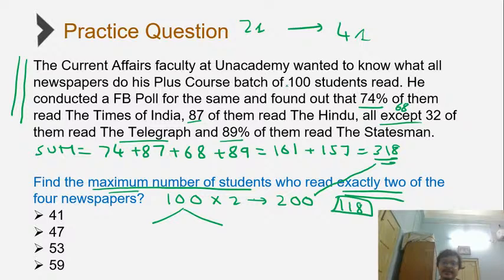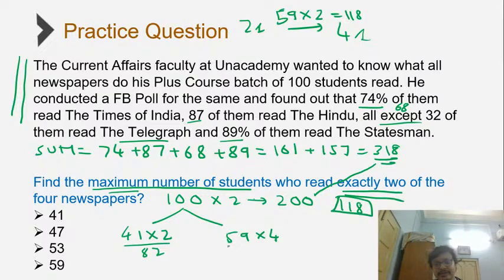Remember, the highest possible category is those who read all 4 newspapers, and every one person I move from the 2 newspapers category to the 4 newspapers category will give me an incremental count of 2, which means to get an incremental count of 118, I will be needing 59 such people. So I need to move 59 people into the 4th category and keep back the remaining 41 people in the 2's category.